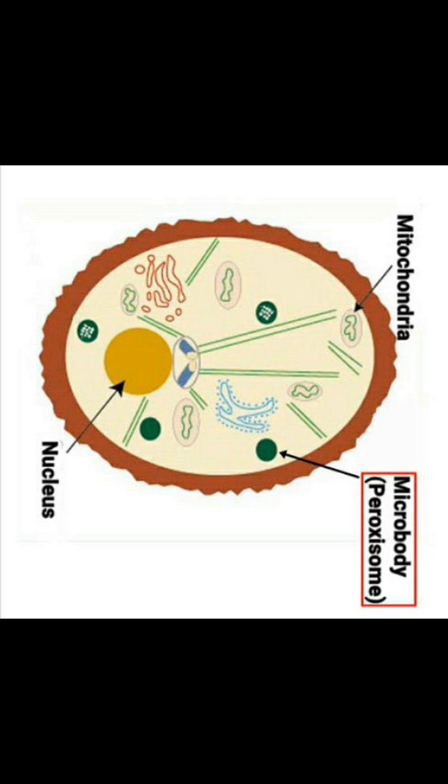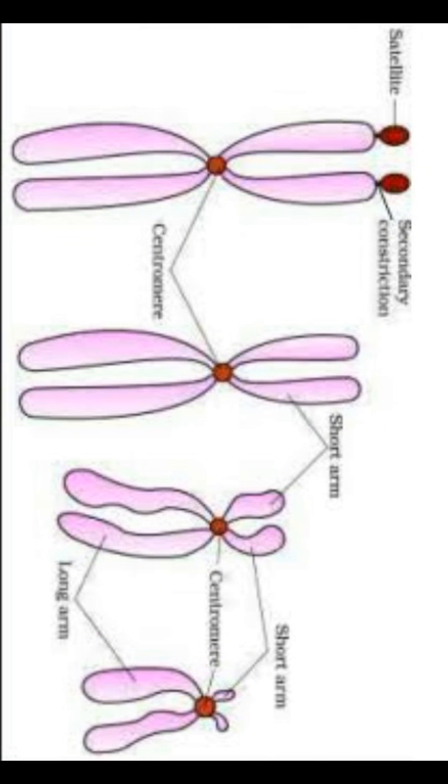Sometimes, few chromosomes have non-staining secondary constrictions at a constant location, and this gives the appearance of a smaller fragment called a satellite. You can see the satellite structure in this diagram, the first diagram, the metacentric chromosome.